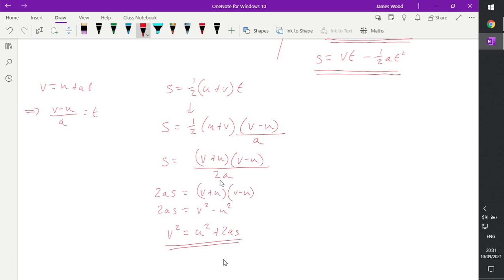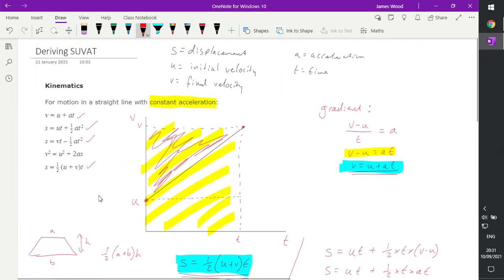Okay, so we've got basically several formulae with a different combination of variables in each one, so that we can pick and choose which formula to use for our problem. I would suggest that you learn these 5 formulae, and if you've done enough practice, then you'll find that you just remember them anyway, but they are in the formula booklet if you can't remember them.